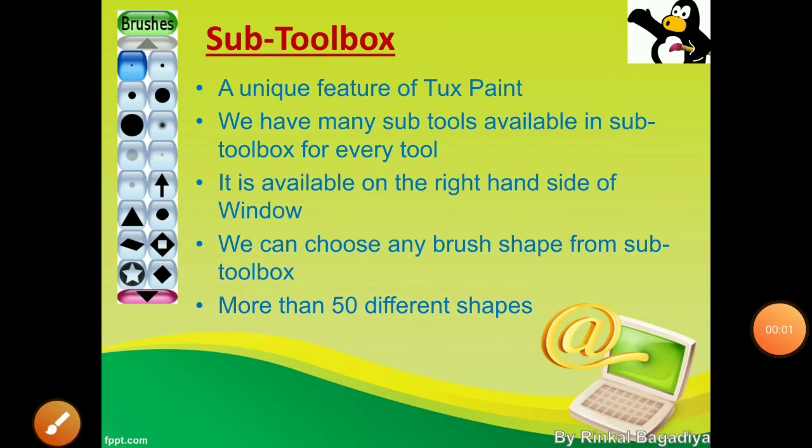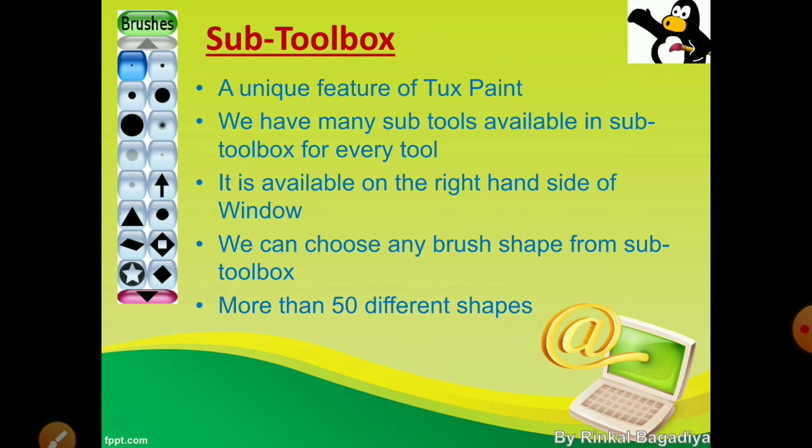Now children, let us learn a few things about the subtool box on the right side of the drawing canvas. Here on the screen you can see the picture of brushes. It is also called the subtool box and it is available on the right side of the Tux Paint window.